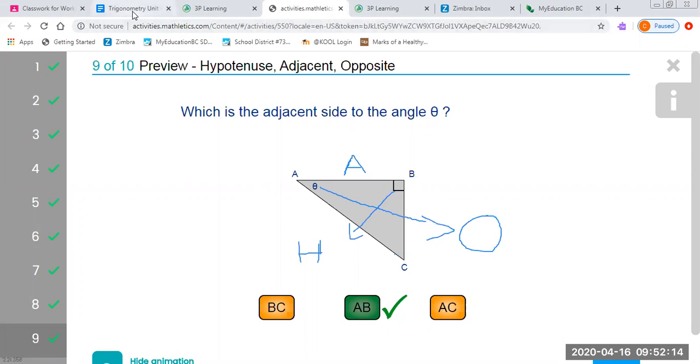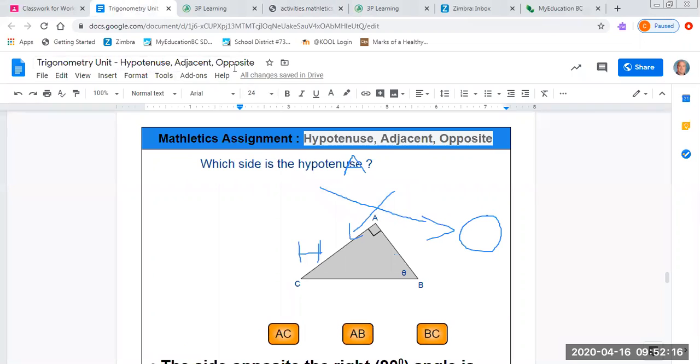So let's walk through a few more of those and take a look at how that works. I'll erase this so we can see a little better. These are three examples from your Mathletics assignment. The very first one asks which side is the hypotenuse. This is really simple.